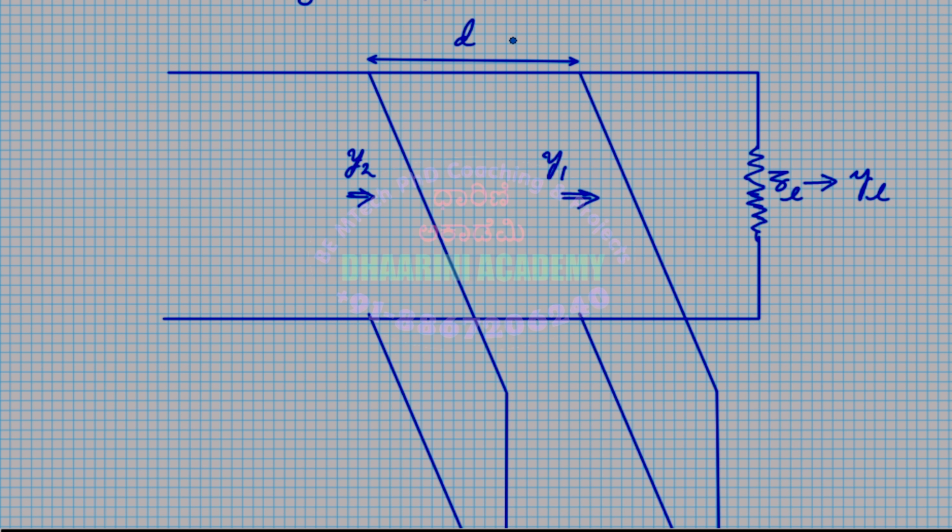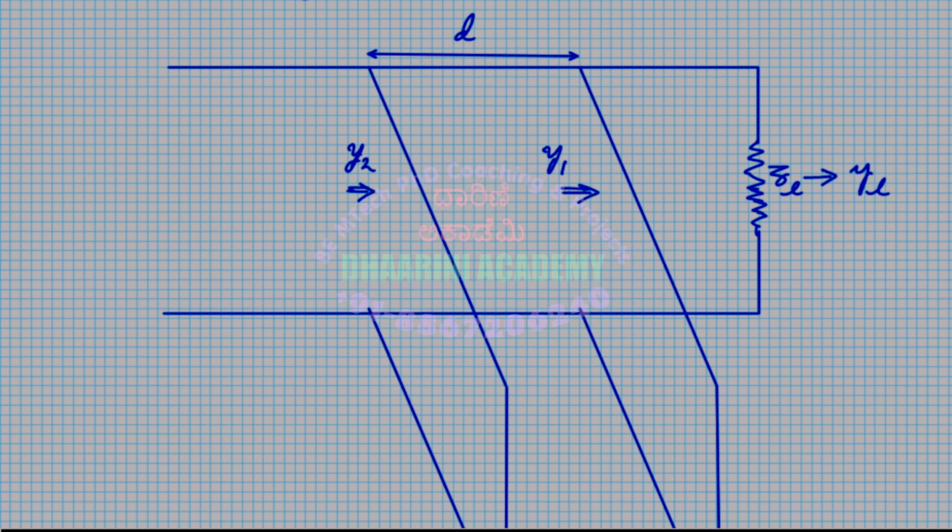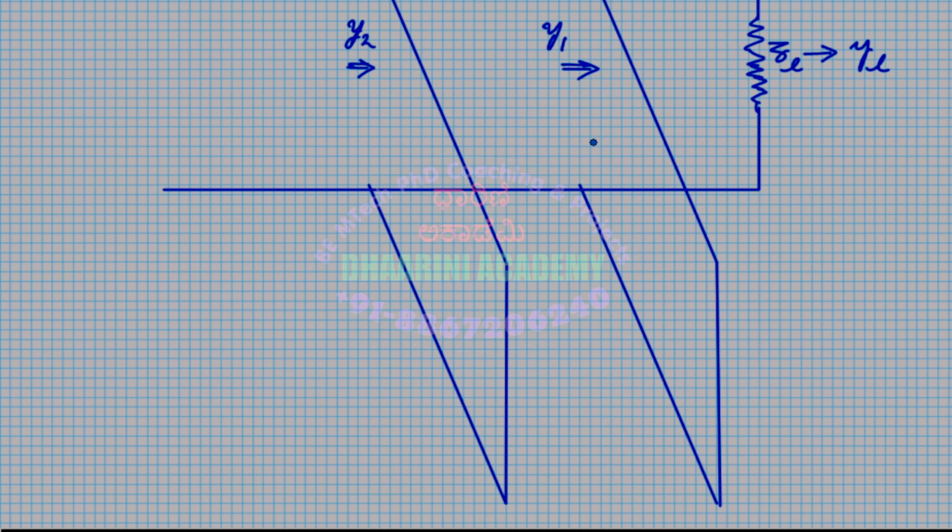I'm going to call that as d. Okay, fine. Next part will be I need to calculate the susceptance value of the stub. So when you look into this, I'll get what is called as a complex number. That is, I'll call this jB1. Similarly, when you look into this stub on the other side, I'm going to call that as jB2. Right? These are the two values which we are supposed to get, so that we can compensate.